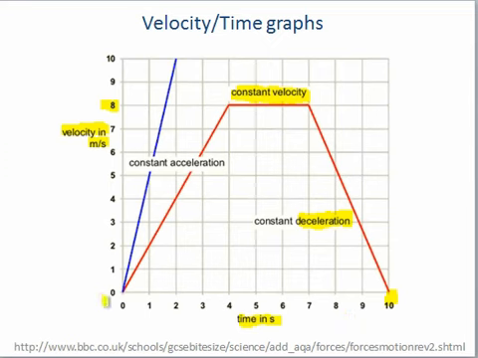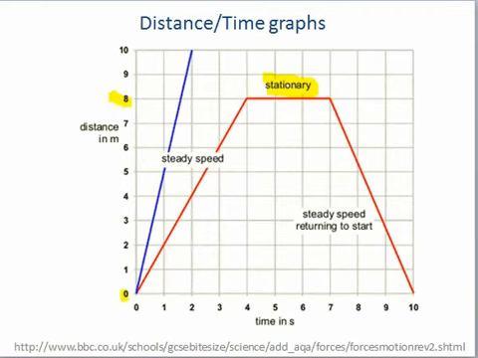So in this graph, a car has taken off, reached its maximum speed in 4 seconds, maintained a steady velocity for about 3 seconds, and then slowly decreased for 3 seconds. But here, when you're decreasing, you're returning to the start at the same speed as you were going away from the origin.